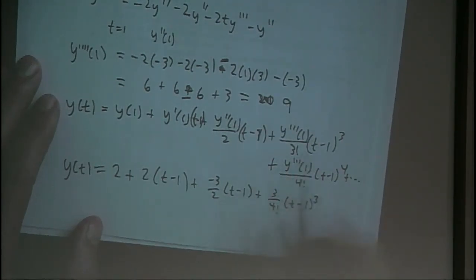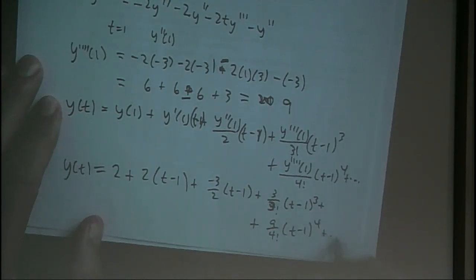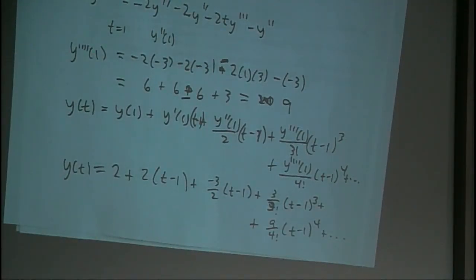Oops, that's 3 factorial. And then plus y to the fourth at 1. Y to the fourth at 1 is 9 over 4 factorial, t minus 1 to the fourth. And again, this would go on forever. But I think you get the idea that you just fill in these numbers using the Taylor series formula, and you're good to go.